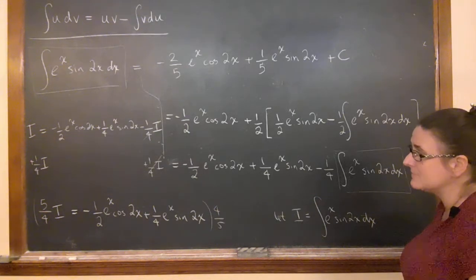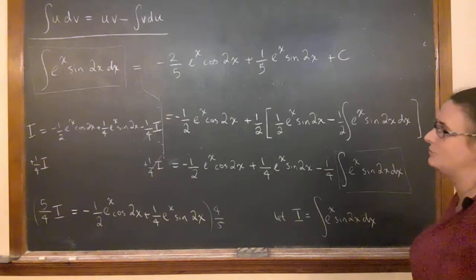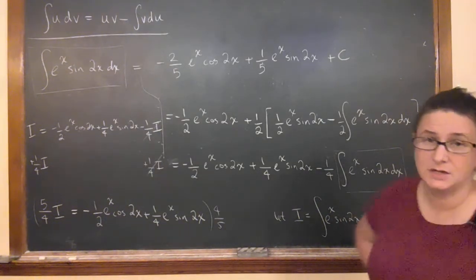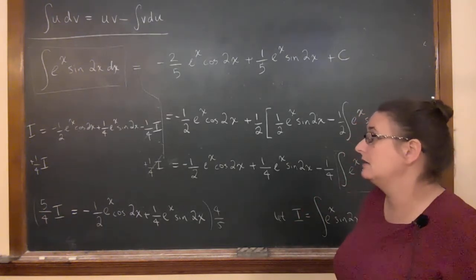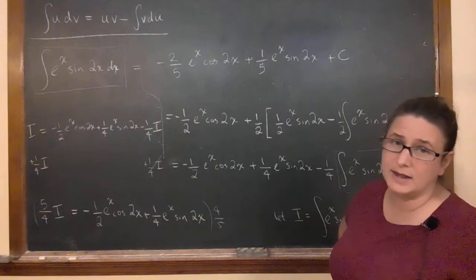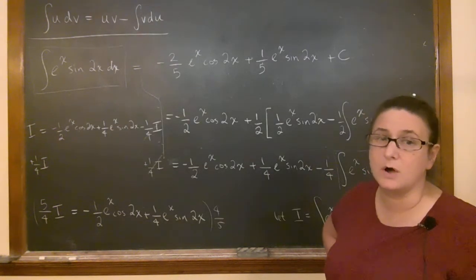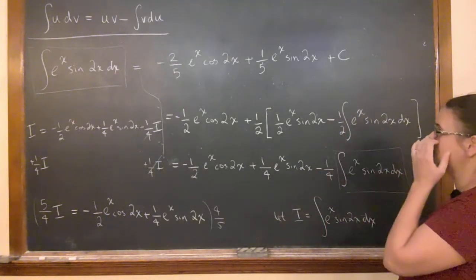So I like to do an example with at least one number. The more numbers, of course, the messier it's going to be. If I did e to the 3x sine 2x, you can imagine it gets pretty hairy with all those coefficients. This, at least, only has the one coefficient, so it's sort of okay.